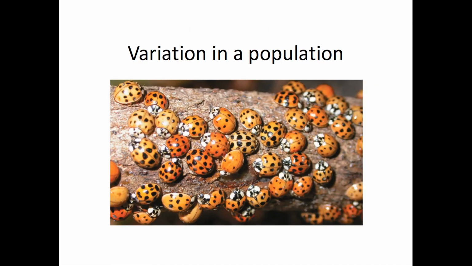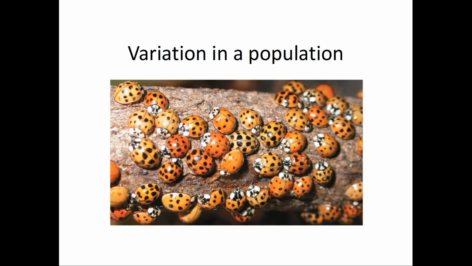All right, so one key requirement for evolution to occur is there has to be some variation in the population, right? We're talking about natural selection. If everything's exactly the same, there's nothing to select for. You can't pick the better out of a group or the more fit out of a group if the entire group is completely uniform.